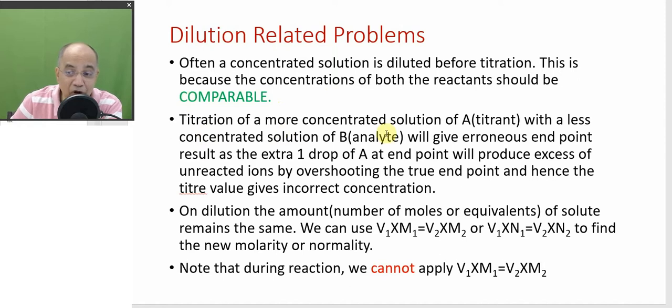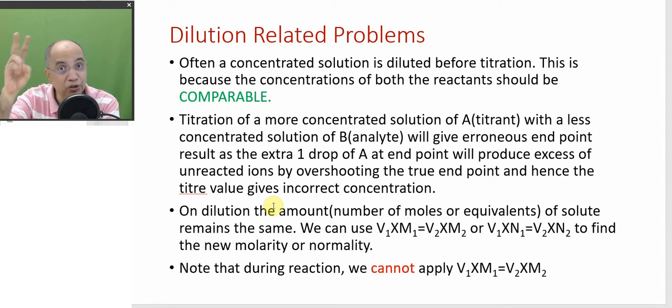Titration of a more concentrated solution, say A, let us take A as titrant, with a less concentrated solution B, say analyte, will give erroneous endpoint result, as the extra one drop of A, which is more concentrated, at the endpoint will produce excess of the unreacted ions by overshooting the true endpoint, and hence the titer value gives incorrect concentration on calculation, N1V1 = N2V2.